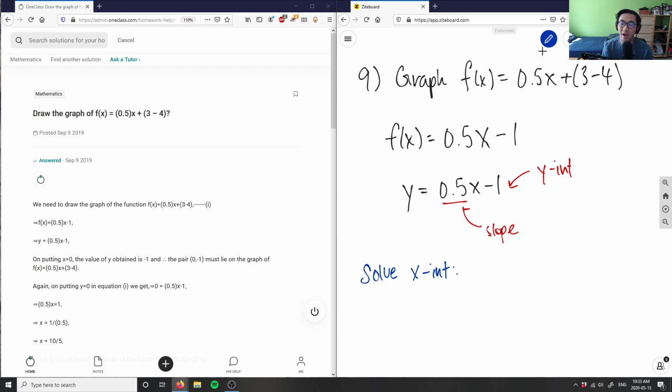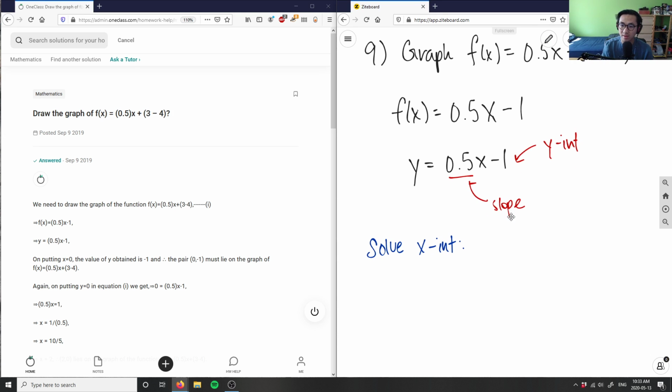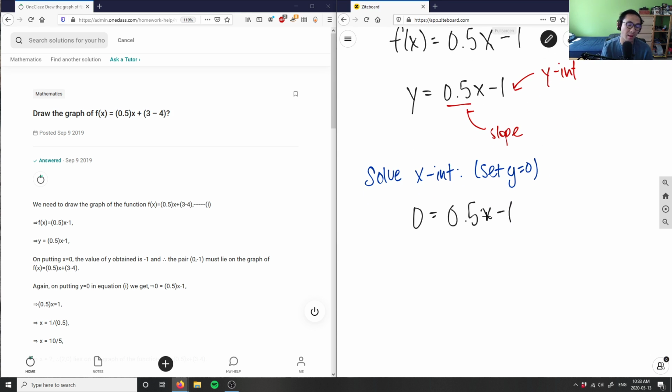So if I want to solve for our x-intercept here, what I'm simply going to do is set y to 0, right? So set y equals 0. If y equals 0, then I have 0 equals 0.5x minus 1. And then I'm just algebraically rearranging for my x value now, right? Because I'm solving for the x-intercept. -1, I can move over to the other side to make this +1.